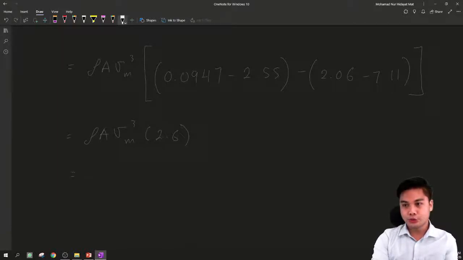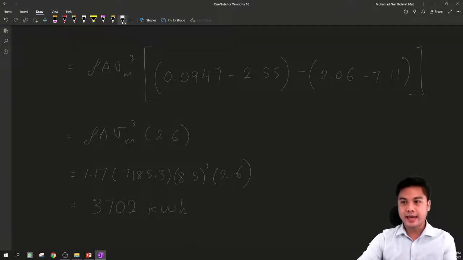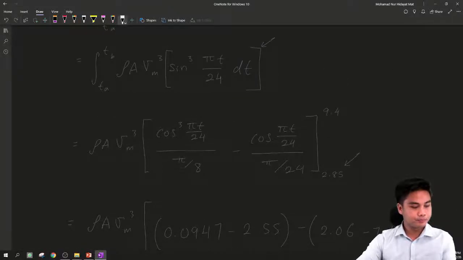So just substitute: rho is 1.17, area is 7185.3, and the velocity magnitude 8.5 cubic and 2.6. The final answer is 3702 kilowatt hour. This is the available energy.